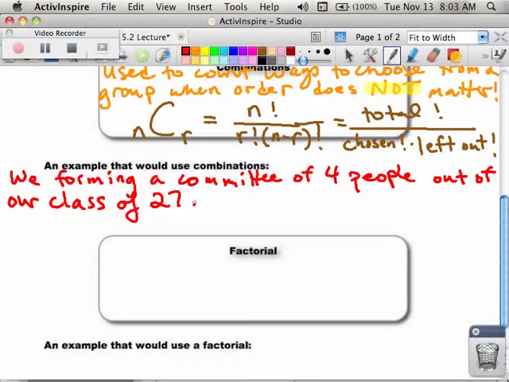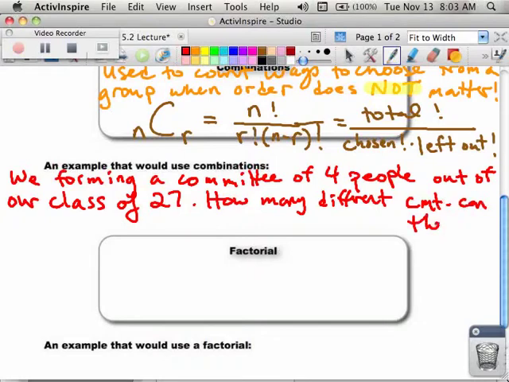And we want to know how many different committees can there be? That's the question.